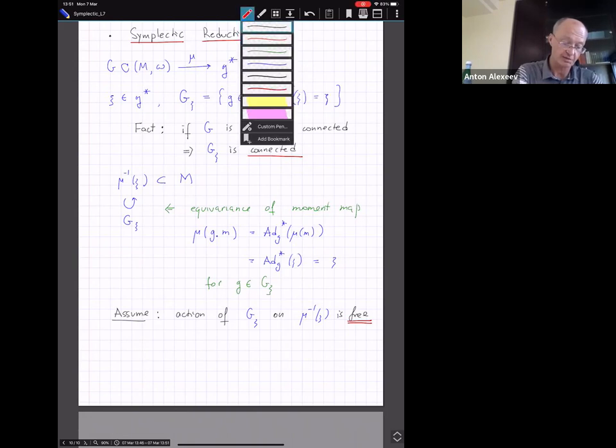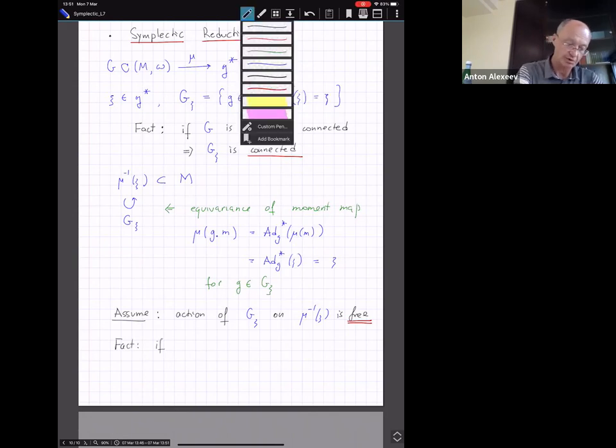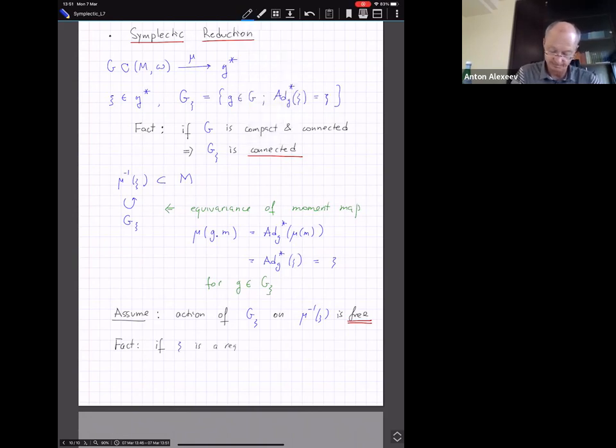So let me state the following. If we assume that psi is a regular value, then for all points in the fiber, we have the map from g to g m of M injective.